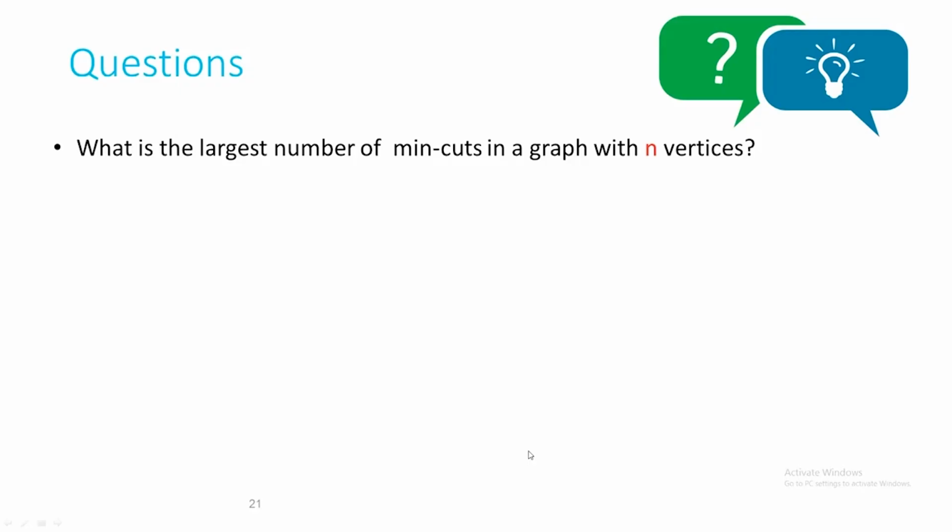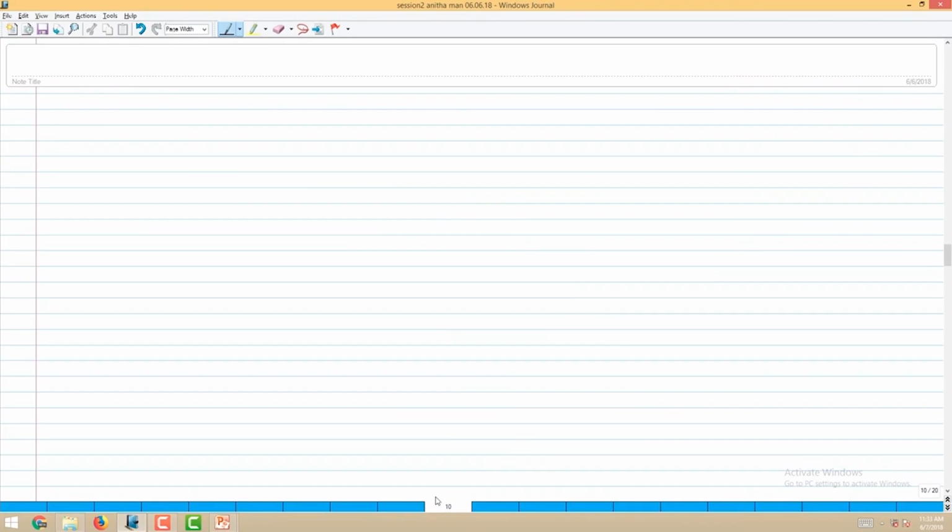Now, some questions, okay. Based on this discussion, some questions. What is the largest number of min cuts in a graph with n vertices? You assume that there are k distinct min cuts.